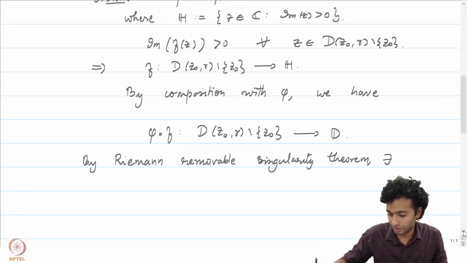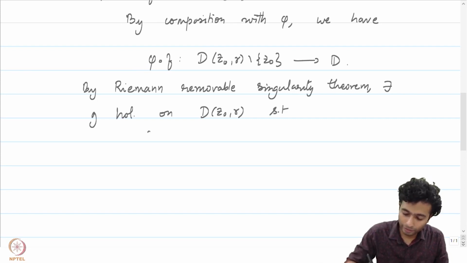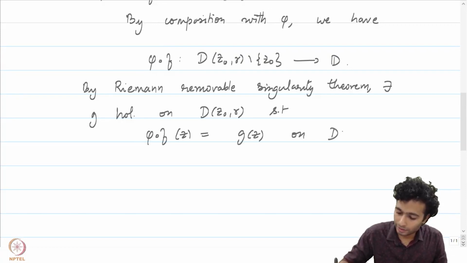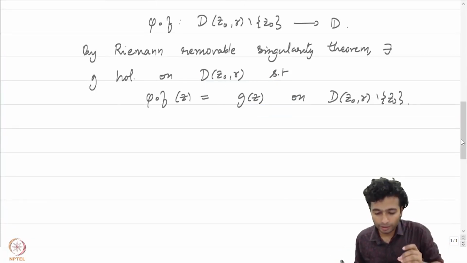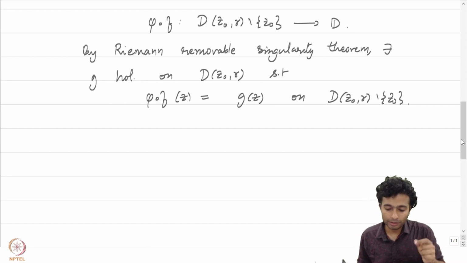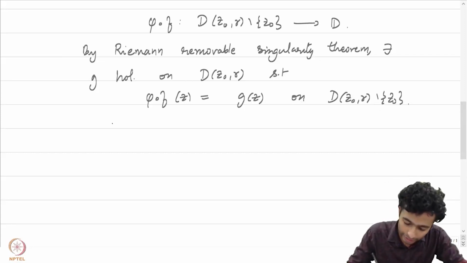there exists a function g holomorphic on D(z0, R) such that phi composed with f of z is equal to g of z on D(z0, R) minus z0. Now, the key thing is that g is going to map D(z0, R) into the set of all z such that mod z is less than or equal to 1, right?